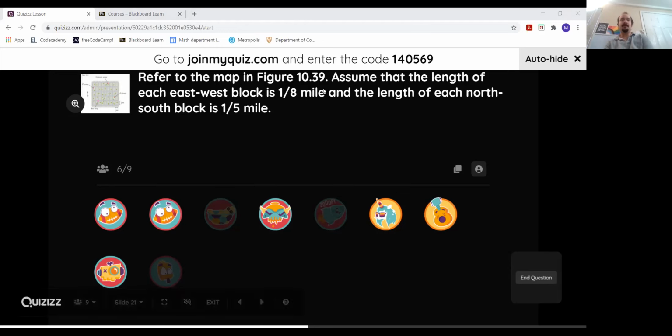It should be the Pythagorean theorem. A squared plus b squared equals c squared.